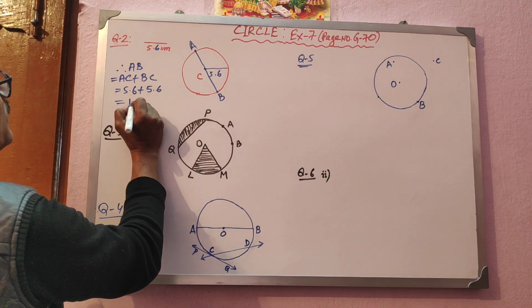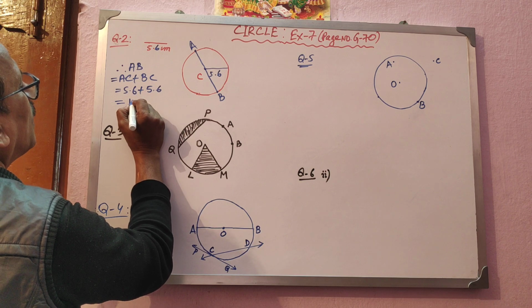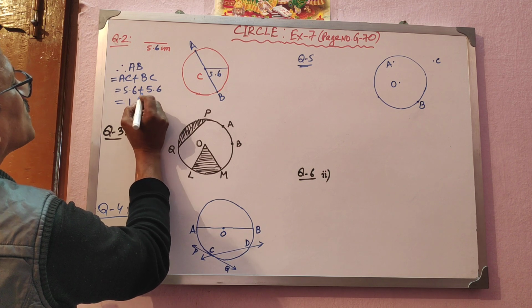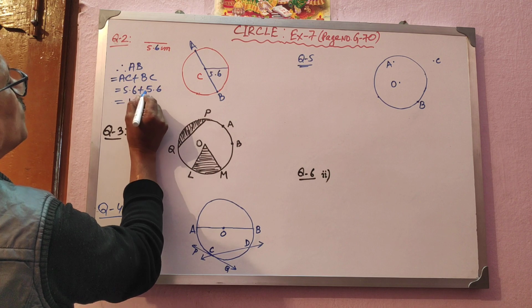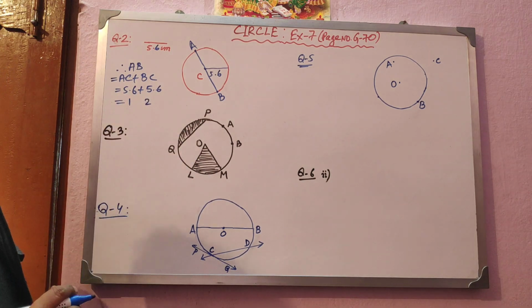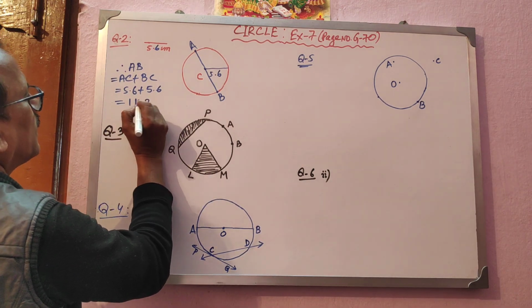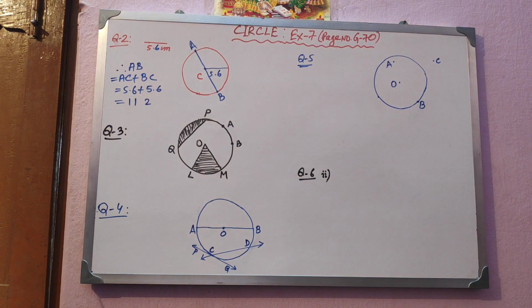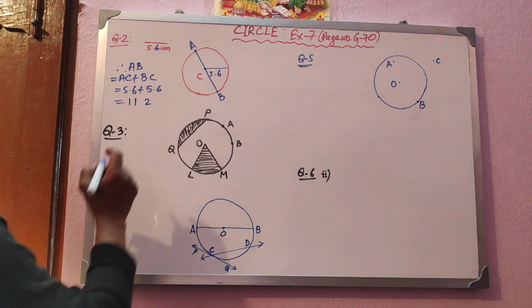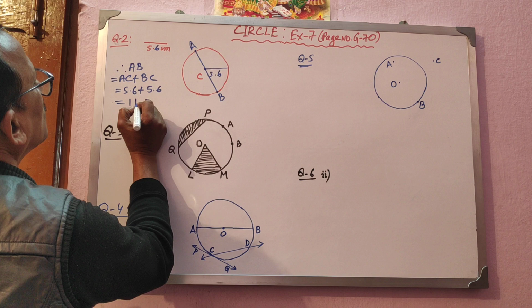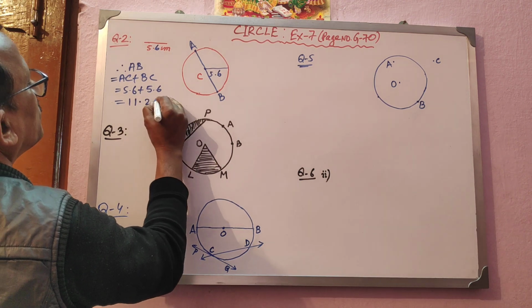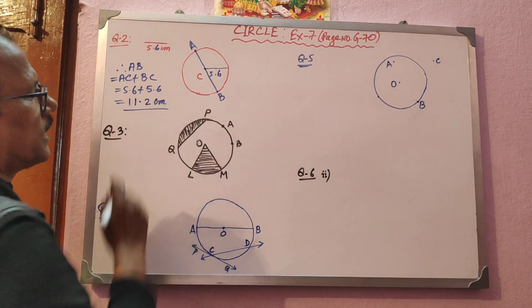It will go one decimal place. 6 plus 6 is 12, and then 5 plus 5 is 10, plus 1 is 11, plus the carried 1, so on addition it will be 11.2 centimeter. Isn't it? So 11.2 centimeter.